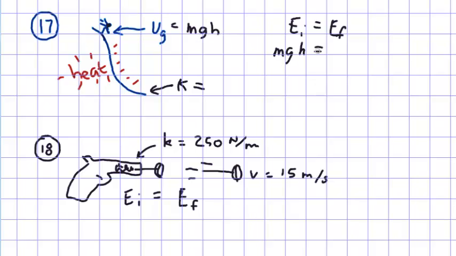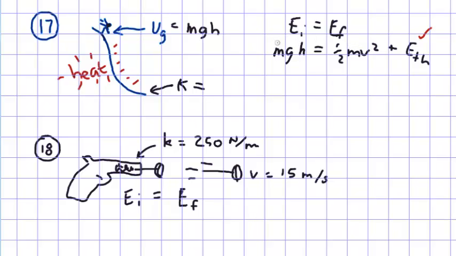And then finally, the energy goes into two forms. There will be some kinetic at the bottom, some 1/2 mv squared, but also there will be some thermal energy. In this problem, you have been given a value for the thermal energy, the heat, 300 joules.